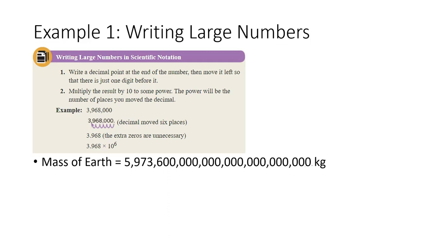And so we're just going to count 1, 2, 3, up to 24. We're going to move the decimal point to behind the first number. And so 5.9736, and then times 10, and then we move the decimal place 24 places, so times 10 to the 24th kilograms.